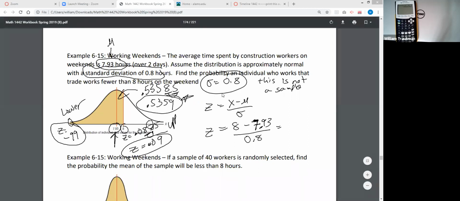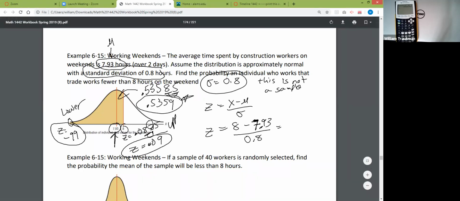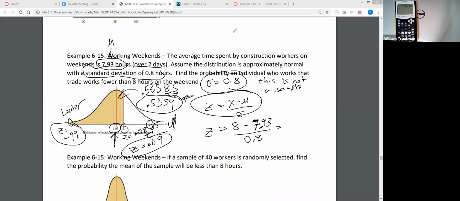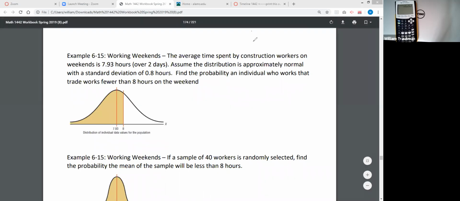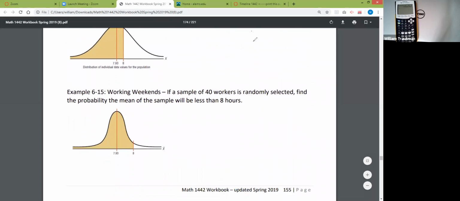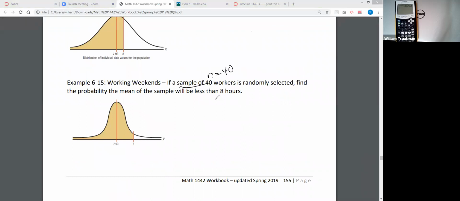Okay, so let's go to the next one. You have to be careful when you read it. The previous one is not a sample, so I don't use the sample formula. I use the 6.2 formula. Now this one, do you see everything's the same, except we have a sample of 40 workers, so n equals 40.